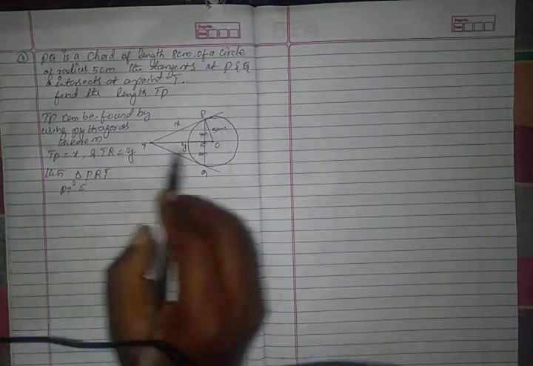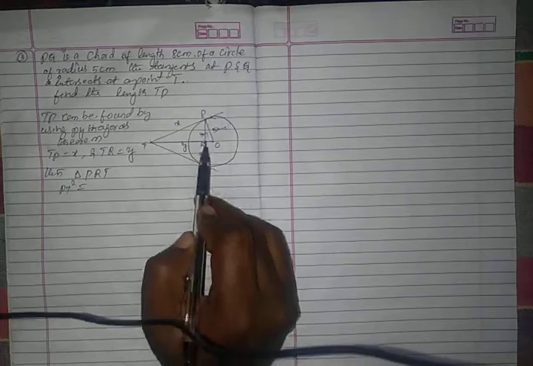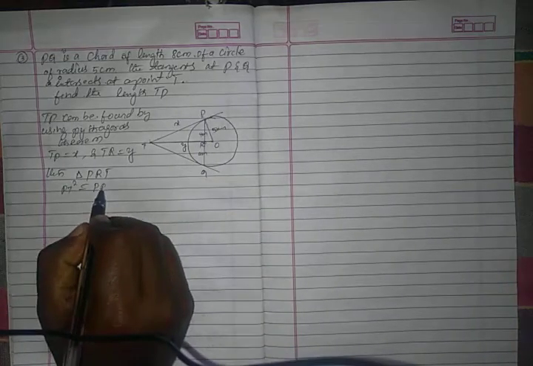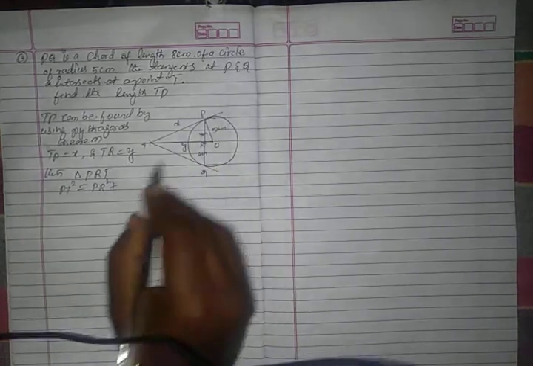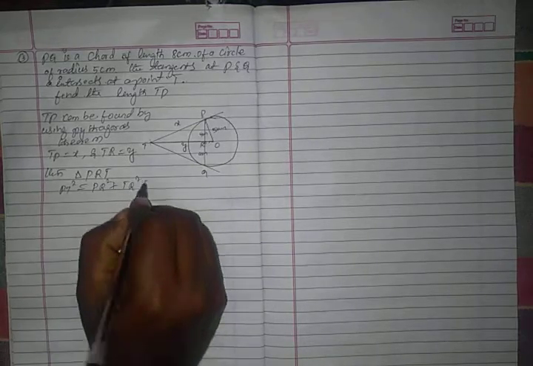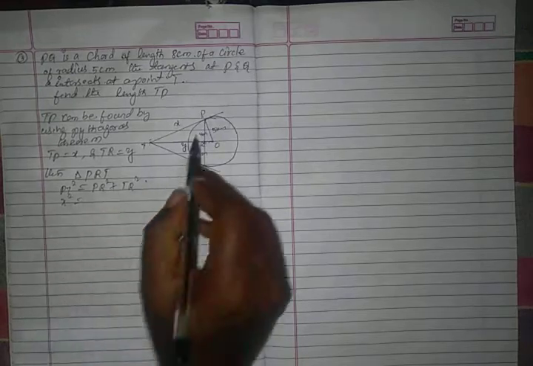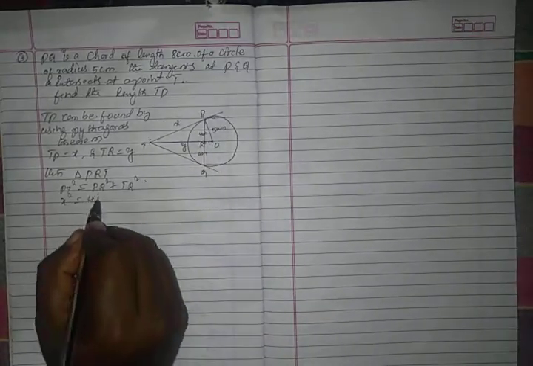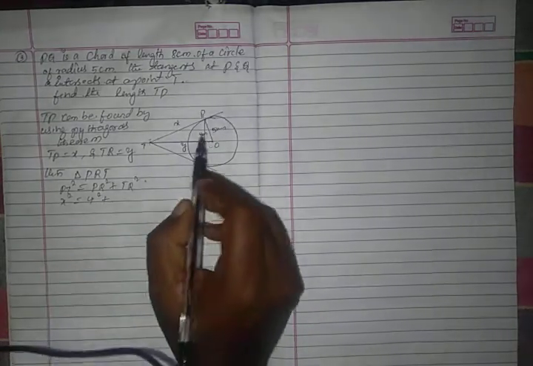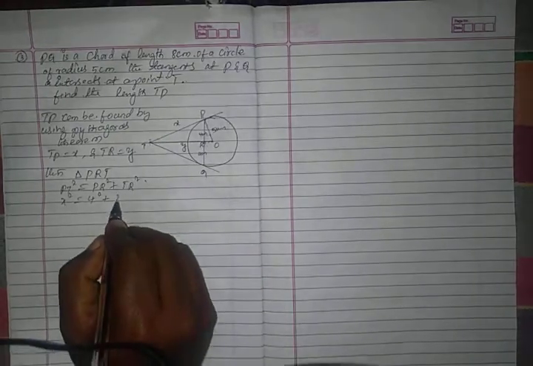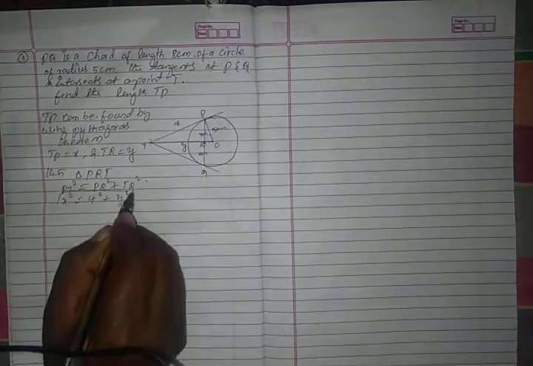Square of the hypotenuse is equal to the sum of the squares of the remaining two sides, PR square plus TR square. That is, PT is x squared, PR is 4 squared, plus TR is y squared. So this is the first equation.